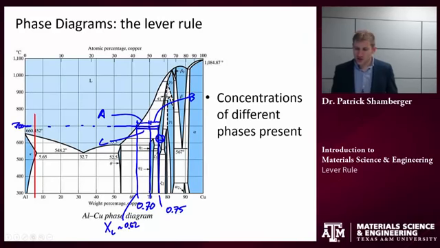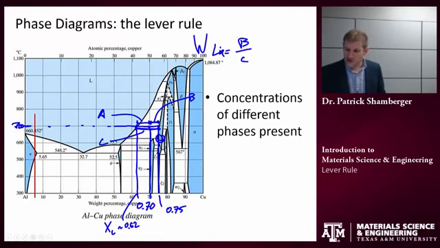B. So if I wanted to ask how much liquid is present, the liquid in this case is going to be given by B over C. It's the opposite side of the lever over the total. Before I used W sub L to stand for this. And so I could calculate that, right? B is 0.75 minus 0.70.